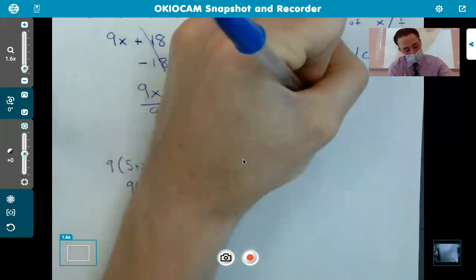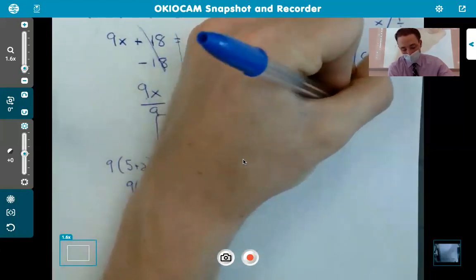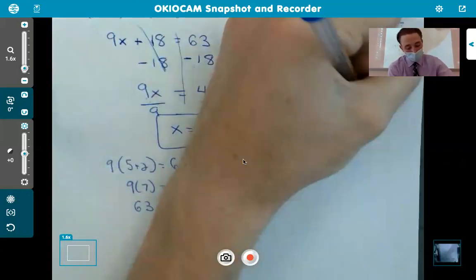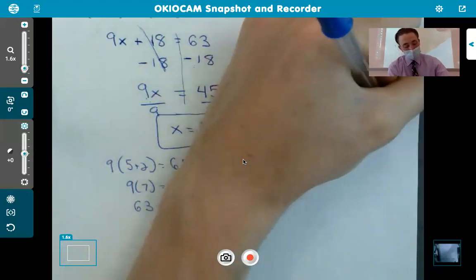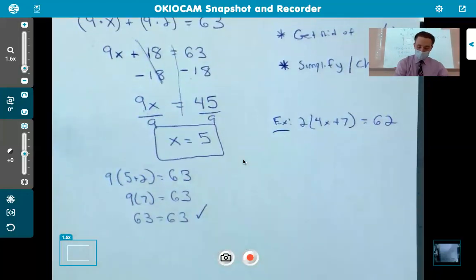So say I have 2 times 4x plus 7 is equal to 62.